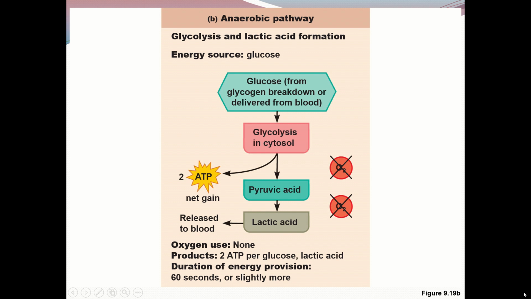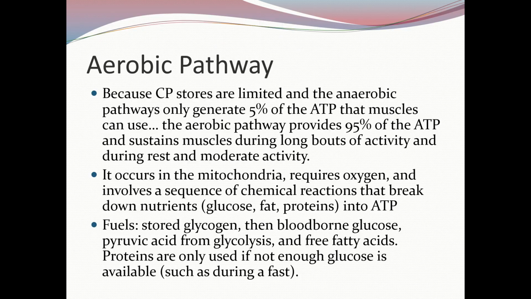The second fate is that there is no oxygen, and so it's converted into lactic acid, which will be released into the blood. Glycolysis will produce 2 ATP per glucose, as well as the lactic acid, and so it's only going to be able to provide energy for about 60 seconds or a little more.